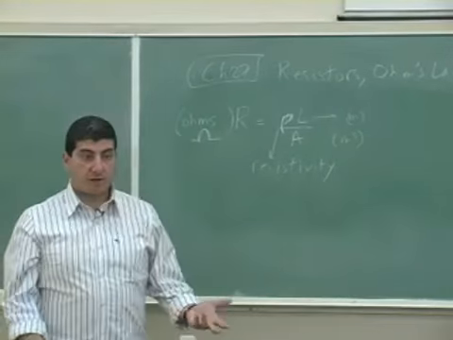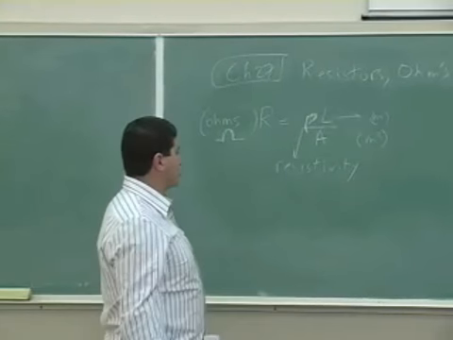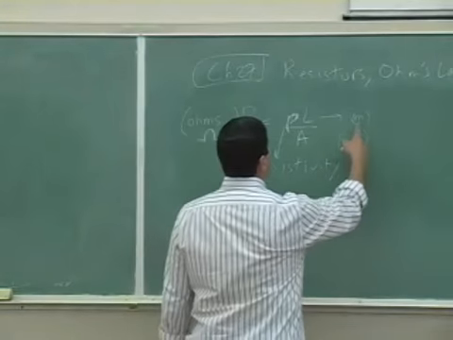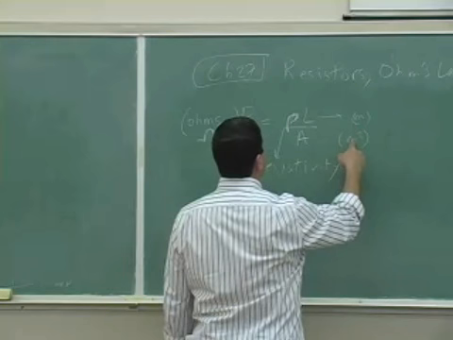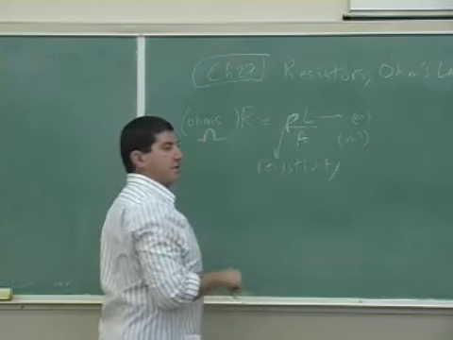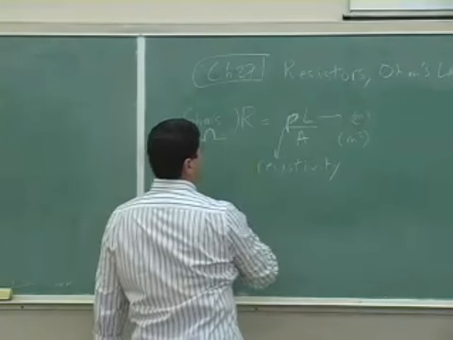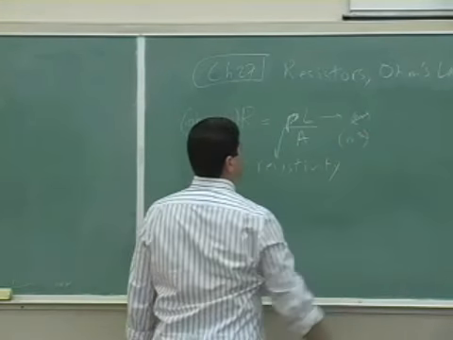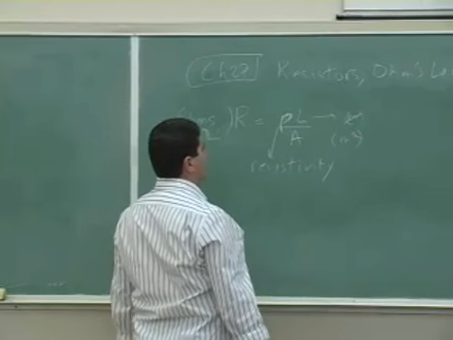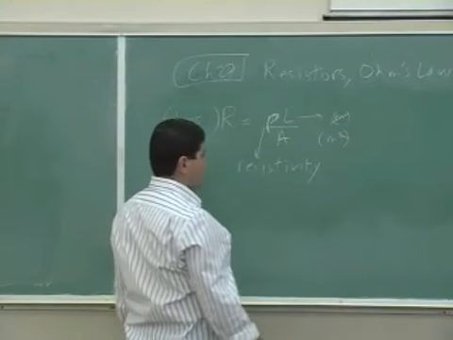Now, in terms of units, in order for us to work this out, if this is in meters and this is meter square, what are the units of resistivity then, in order to make it work out to ohms? Well, meter cancels one of this, so resistivity must be ohm meter, right?